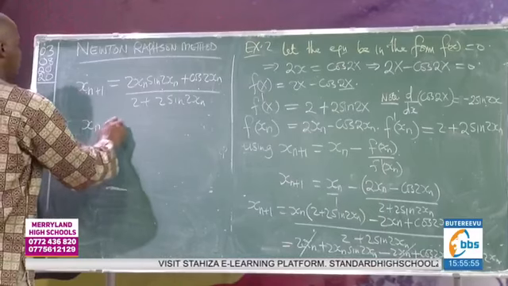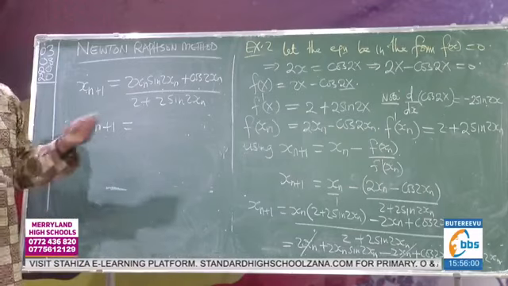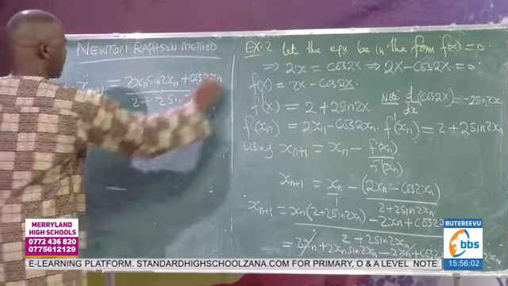If we factor out that 2 down, we shall wind up with that. We can leave it here.